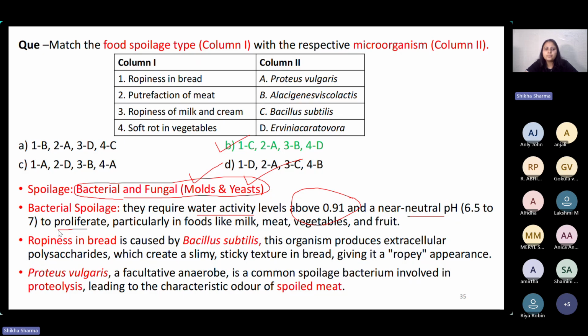This kind of bacterial spoilage can be found particularly in products like milk, meat, vegetables, and fruits. And if we talk about the first one, ropiness in bread, it is caused by Bacillus subtilis.